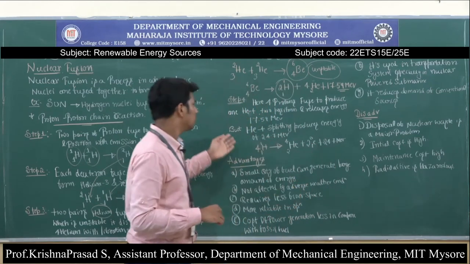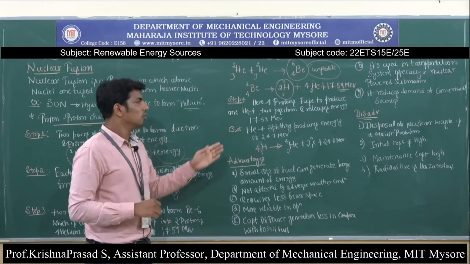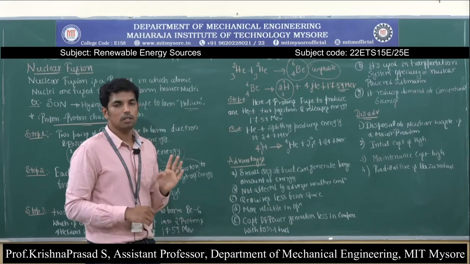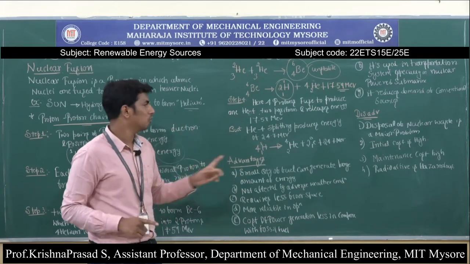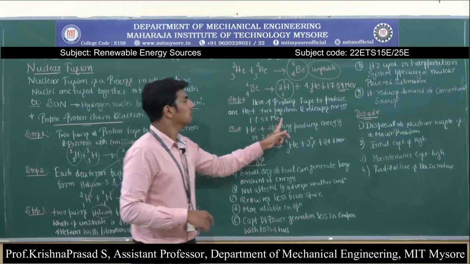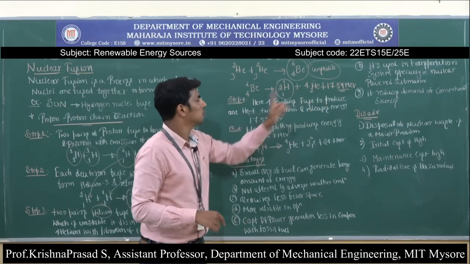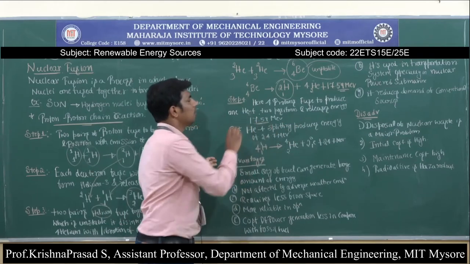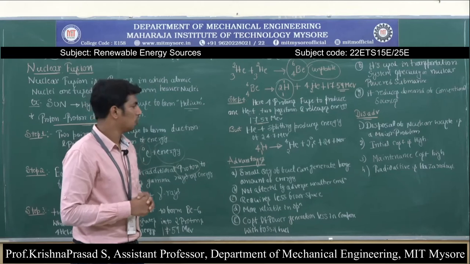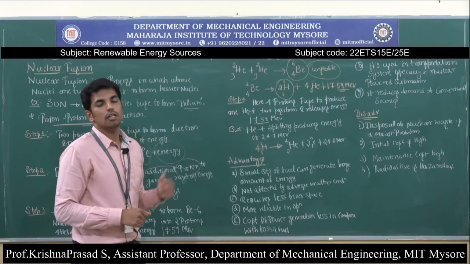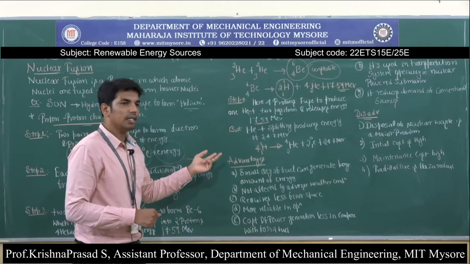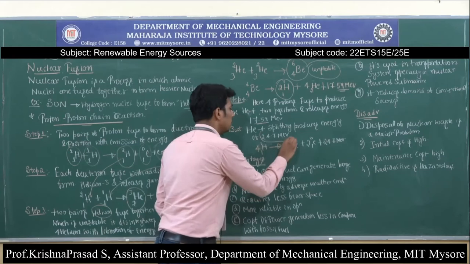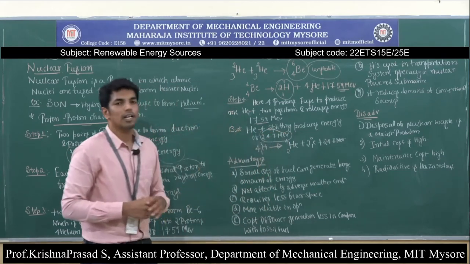Okay, then observe step 4. So here 4 protons are fused to produce 1 helium and 2 positrons, and release energy in the form of 17.59 mega electron volts. But the splitting of helium atoms produces energy of 24.7 mega electron volts.